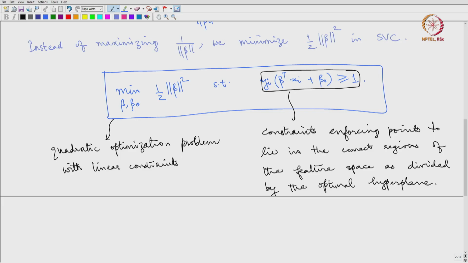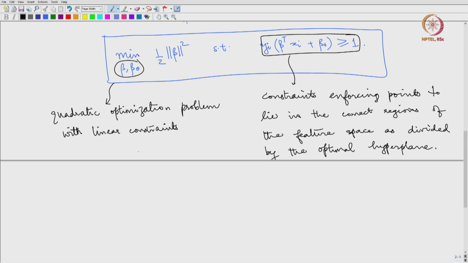Okay. So, I hope you are able to appreciate how mathematically we are formulating the hard margin classification problem in support vector machines. Okay. So, once these optimal parameters beta and beta naught are obtained, any new point can then be classified very easily.